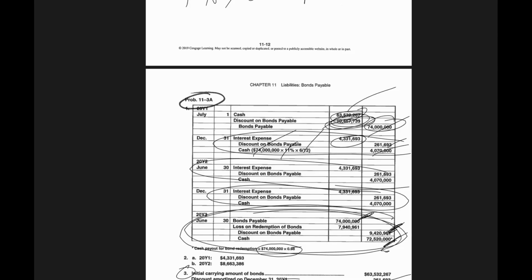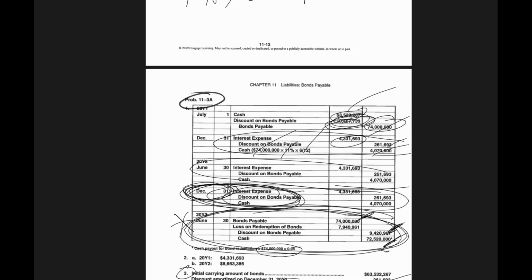Because it says here the balance of the bond discount of 9.420 after the payment of the interest and amortization. So this entry is being done after another one of these was done also on June 30th. So there would have been an entry like this done on June 30th right before this one.